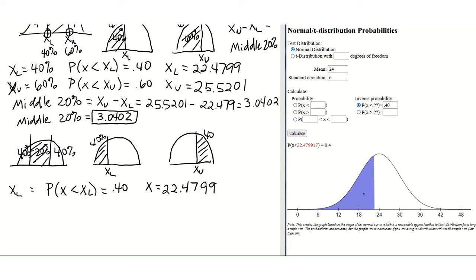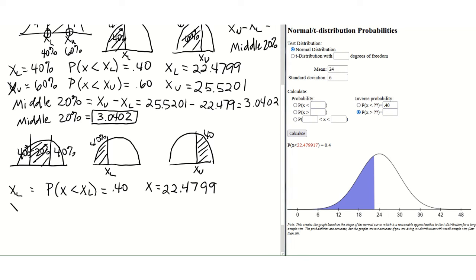Now when I'm doing the upper boundary, remember that if I'm using this first inverse probability, it's always going to give me a left-tailed test because it's going from 0 up to whatever my x value is. So now if I want to do the reverse and get a right-tailed test for an upper limit, then I'm going to use this other probability.